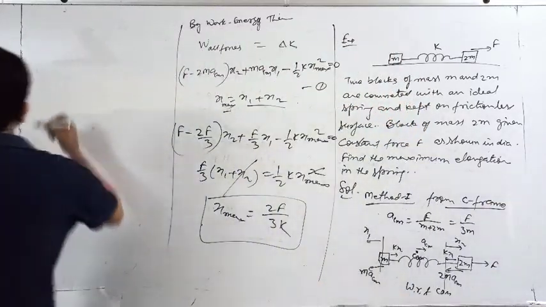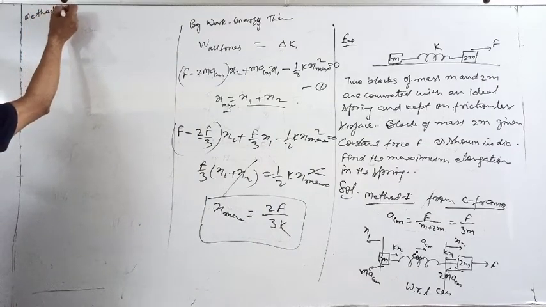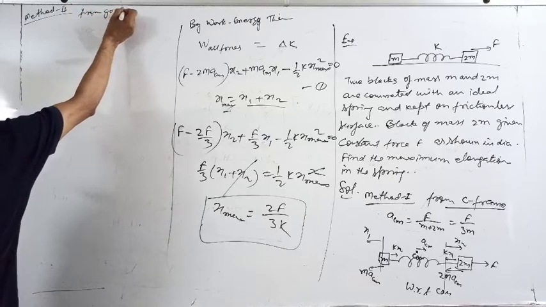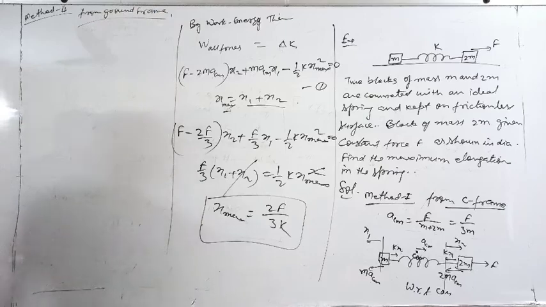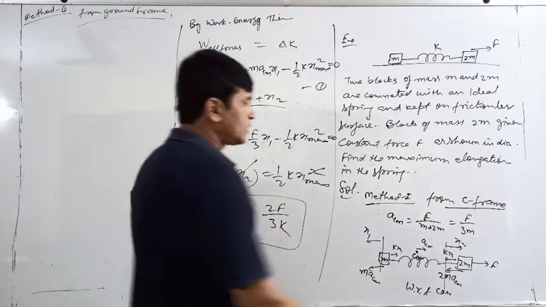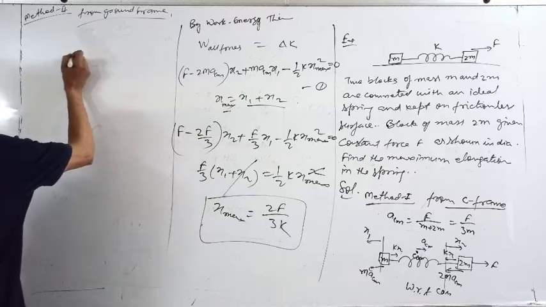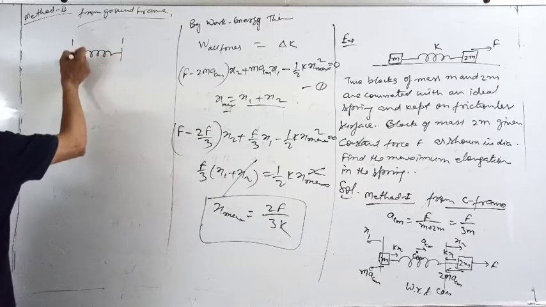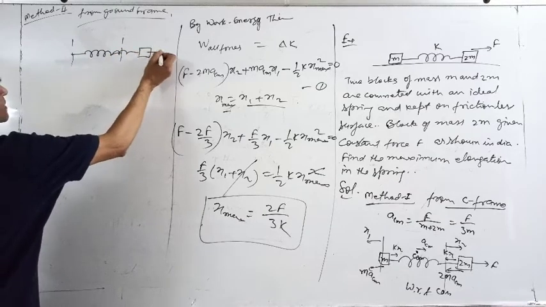Method 2, from the ground frame. Now if we are looking at the ground frame, same concept here. In the ground frame, forces: earlier this block was here, now it is here.